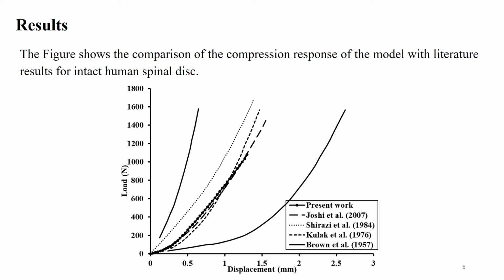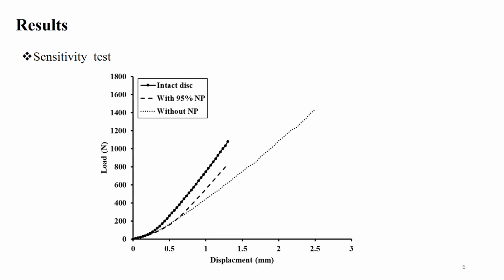To examine the sensitivity of the model, the nucleus pulposus was removed. A part of it was removed, as shown here in this figure, and by reporting the data from the model, the model was sensitive to the presence of the nucleus pulposus within the annulus fibrosus in the disc.